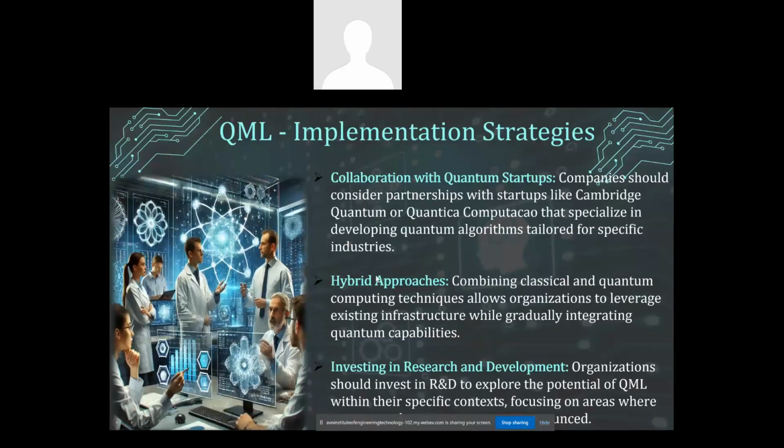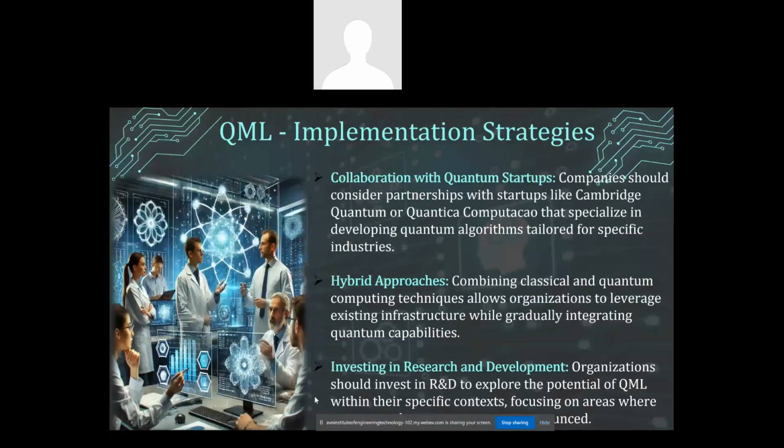in different industries, right? Right now we are not integrating quantum machine learning because this is a new technology coming, right? So how can we implement these strategies, how can we implement QML in industries, right? A few strategies I listed.